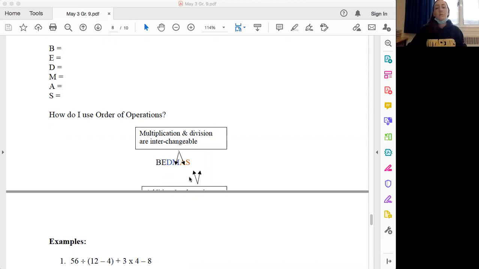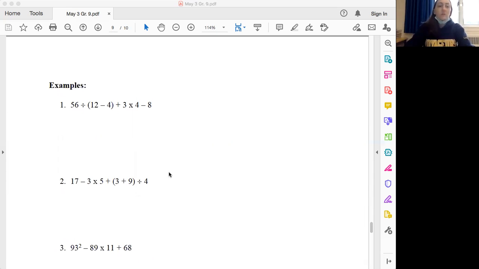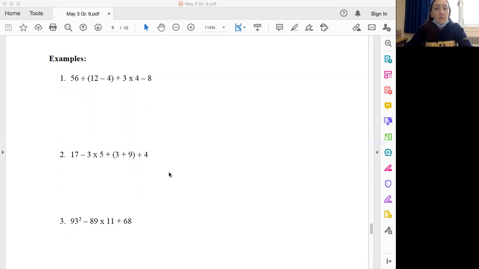Same with division and multiplication, and then addition and subtraction. These two little boxes that are kind of misplaced are just showing that they're interchangeable. So that means that you can do the multiplication first and then do the division, or you can do division first, whatever you want to do. Okay, so we're going to do a few examples together and then you're going to work on it on your own.